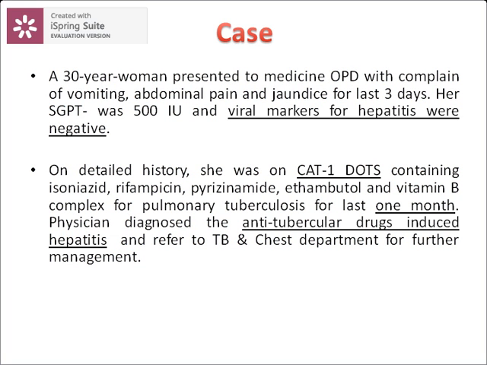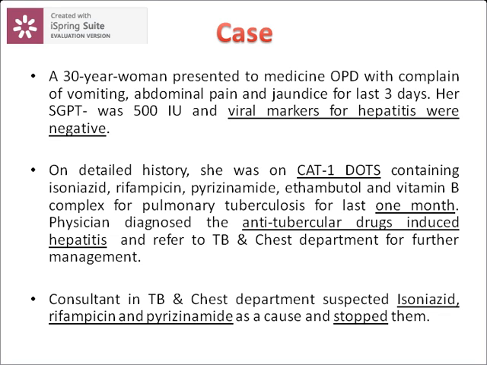So here in this case scenario, the diagnosis of drug-induced hepatitis was made based on ruling out viral hepatitis using its markers, and the history of anti-tubercular drugs in the last 1 month. Again, it's a reasonable time relationship, 1 month, and the physician referred the patient to the TB and chest department.